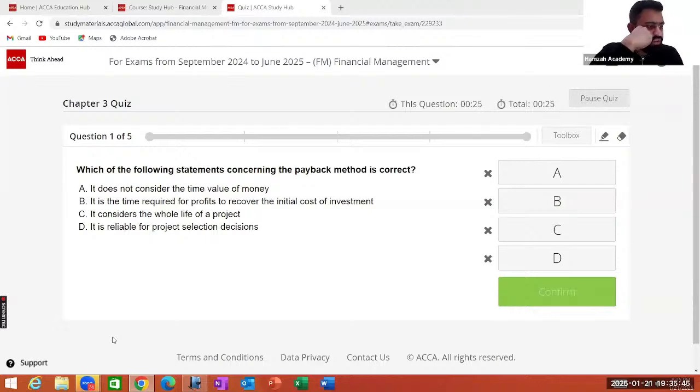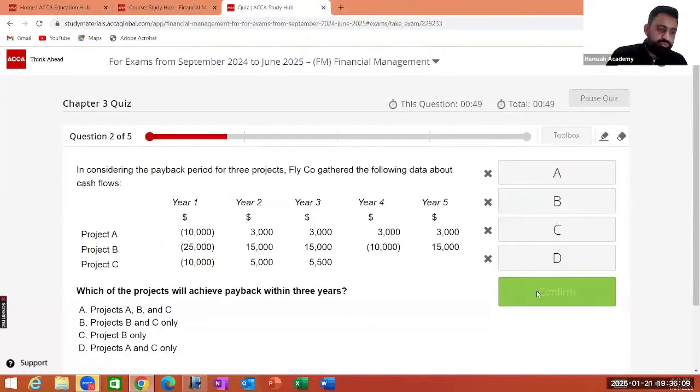Which statement concerning the payback is correct? Yes, option A seems to be a correct option.